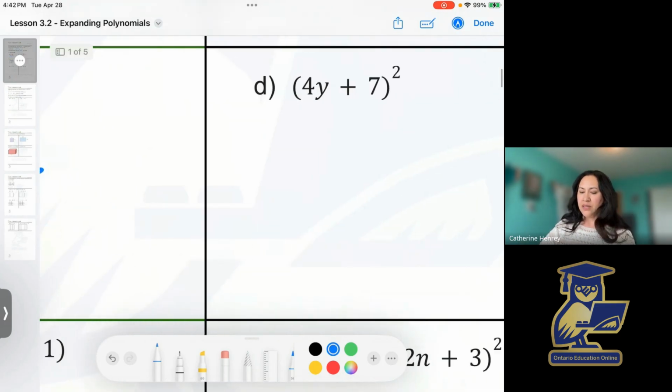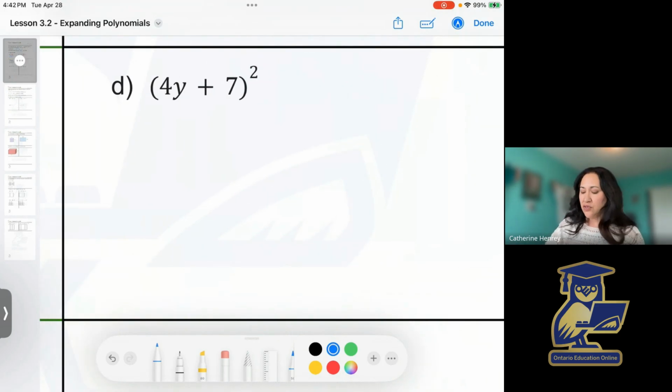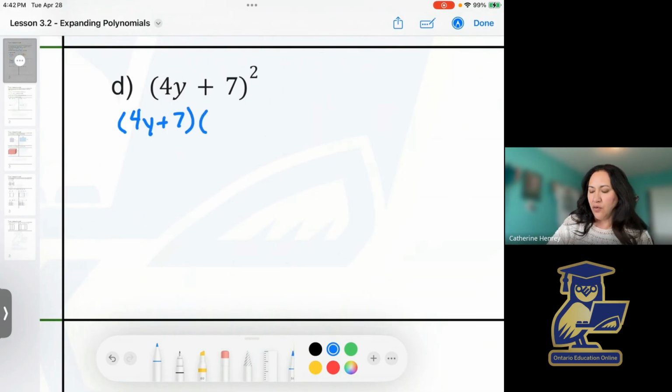Same thing happens with D, 4y plus 7 squared. We rewrite it as 4y plus 7 times 4y plus 7. We'll go ahead and do our FOIL. First, outer, inner, last.